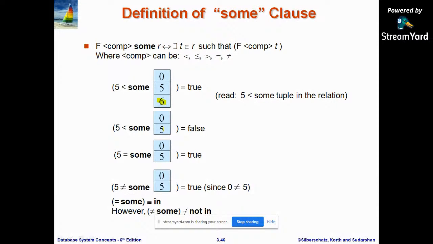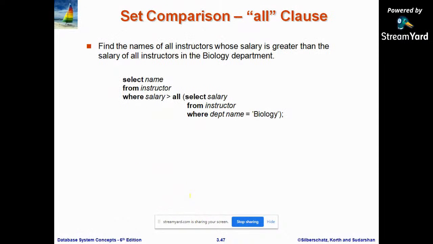No, 5 is not less than 0 or 5, so it will return false. 5 is equal to some of 0, 5 will return true, because 5 is equal to 5. 5 is not equal to some of 0, 5: 5 is not equal to at least one entry, which is 0, so it will return true. The meaning is that some will check for at least one.